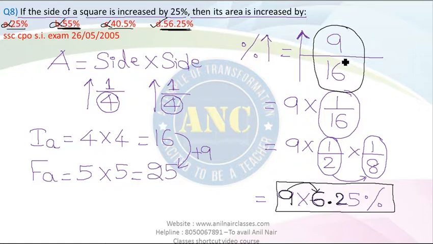That means 16 is not a multiple of 9. Because 16 is not a multiple of 9, the answer will definitely not be a whole number. The answer should be a decimal value. It is nothing but 56.25. That means you don't even have to multiply 9 into 0.25 in this case. I believe that you are very clear in whatever I am saying here, sir.